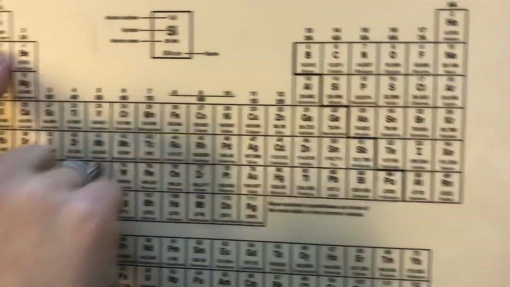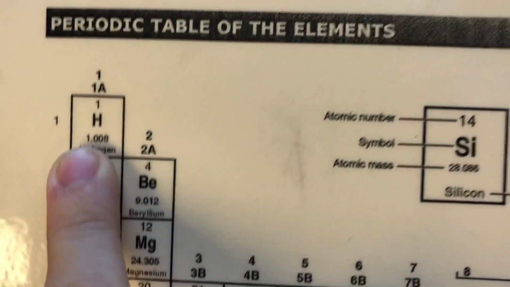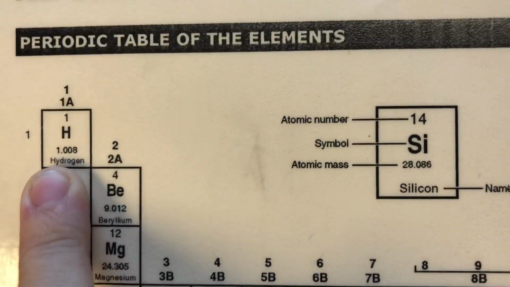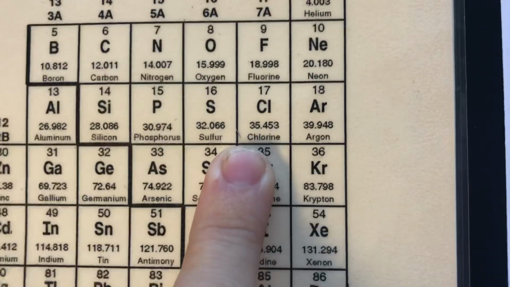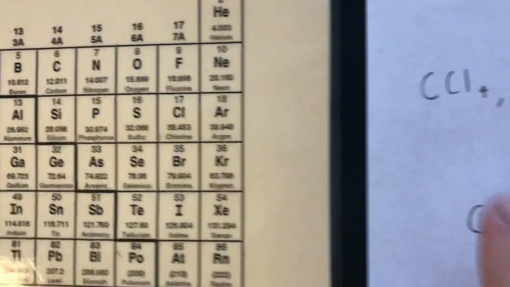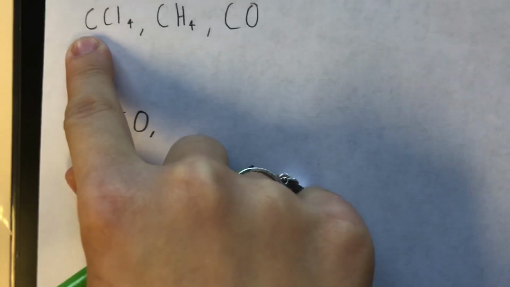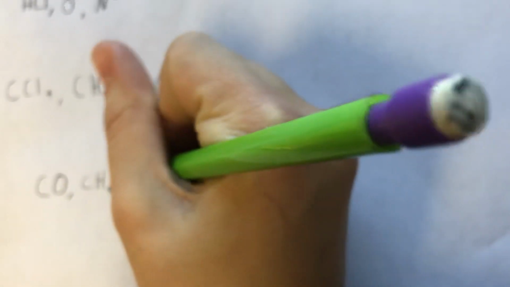H, hydrogen, has an atomic mass of about 1, whereas Cl, chlorine, has an atomic mass of about 35. This means that having 4 Cl, this one is much heavier than this one. So CH4 would go next, and CCl4 would go last.